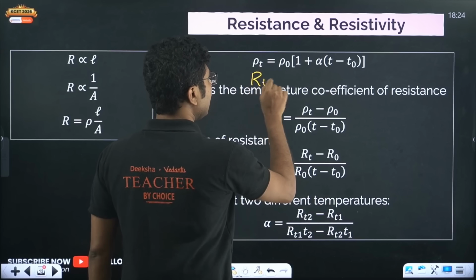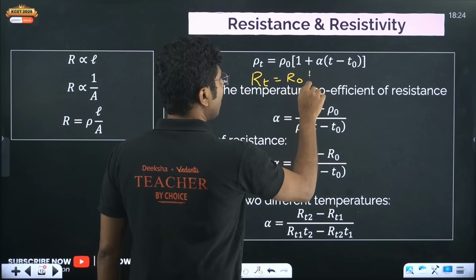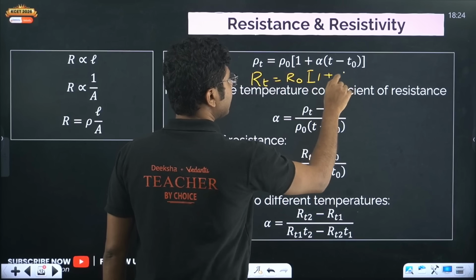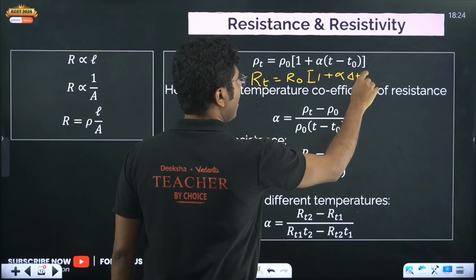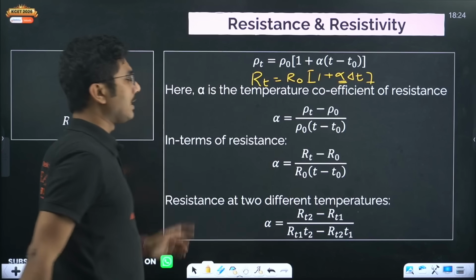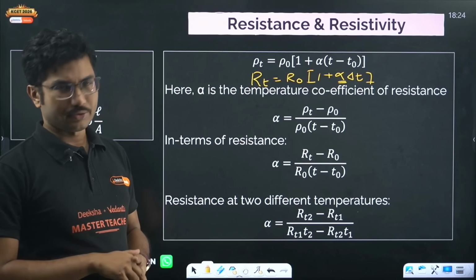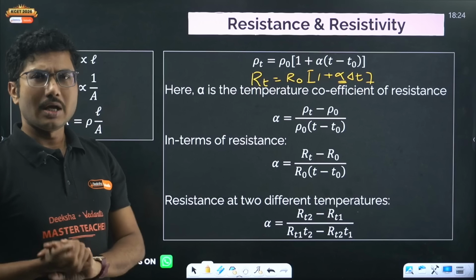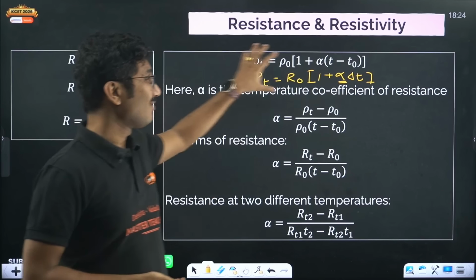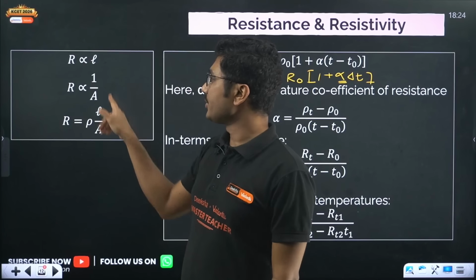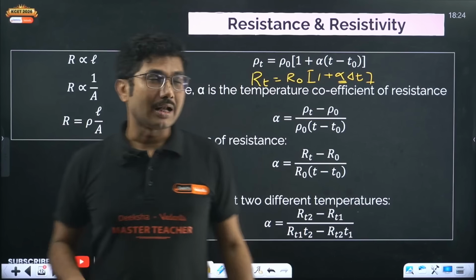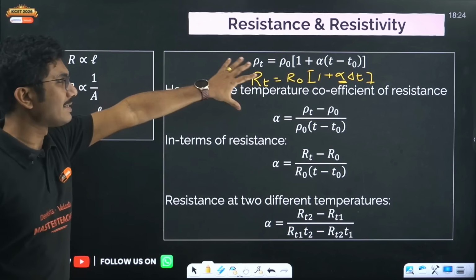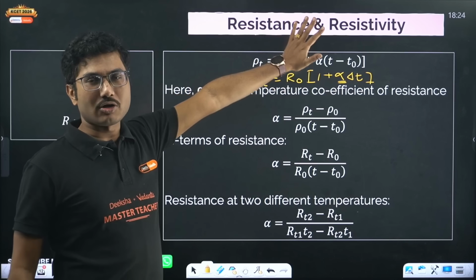So RT equals R naught (1 plus alpha delta T). Alpha is called the temperature coefficient of resistance, or resistivity. Resistance and resistivity are the same, at least for this equation, because you know that resistance is rho L by A. If you put this value in, on both sides L and A are constant, so they will cancel.